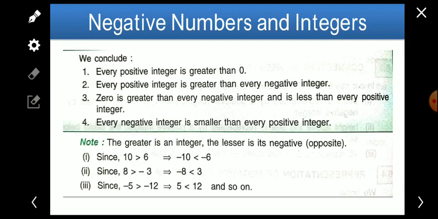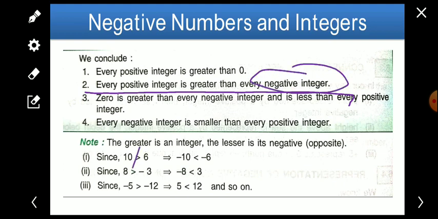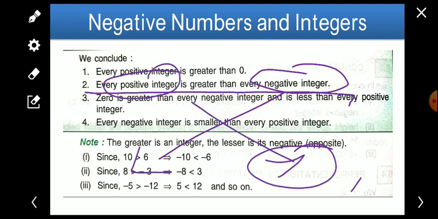Now the second point is that every positive integer is greater than every negative integer. Why? Because every negative integer lies on the left side and every positive integer lies on the right side. So if it lies on the right side, then that will be bigger, and if it is on the left side, then it will be smaller.